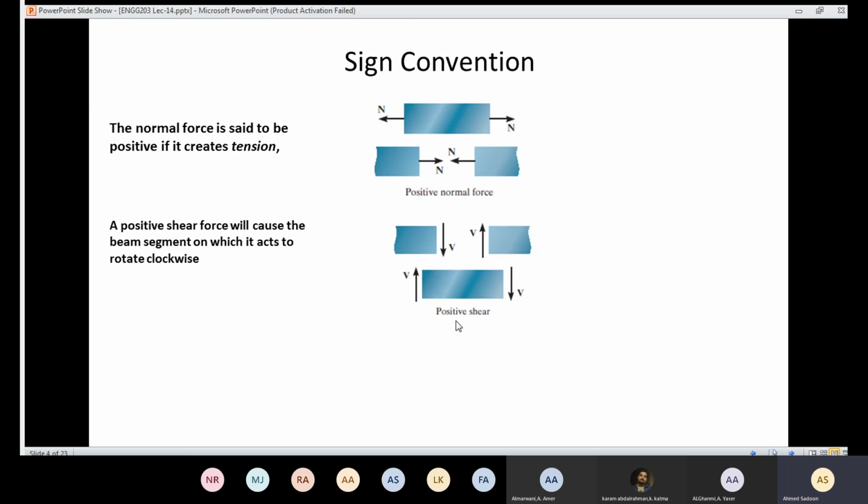So if you cut here, in order to bring equilibrium, this one here is going to be down, and this one here is going to be up. So here is the positive shear sign convention.